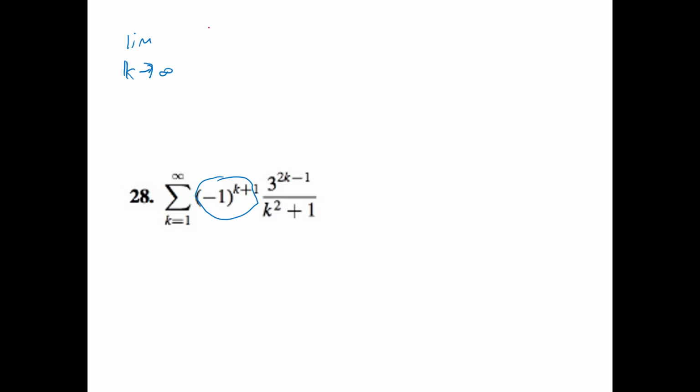But for a sub k plus 1, we get 3 raised to the 2k plus 1, because you put in k plus 1 for k and get 2k plus 2 minus 1, 2k plus 1. And over here you will get (k plus 1) squared, which is k squared plus 2k plus 1, and then plus the 1, so you get plus 2. You multiply that by the reciprocal, which is k squared plus 1 over 3 to the 2k minus 1.